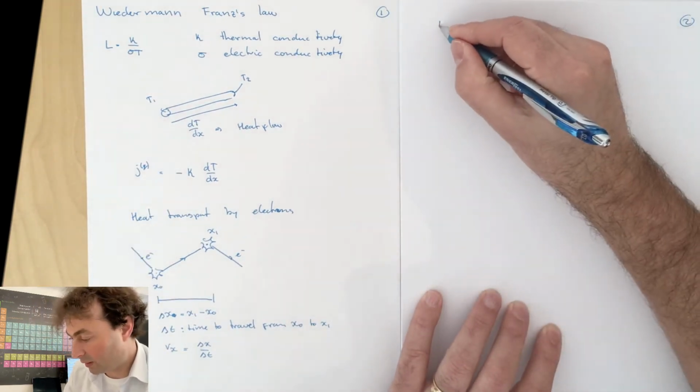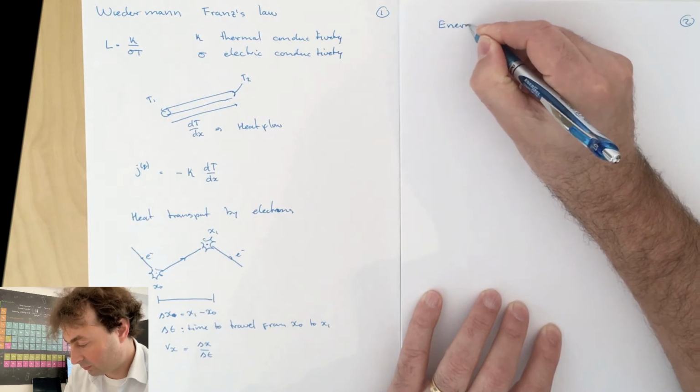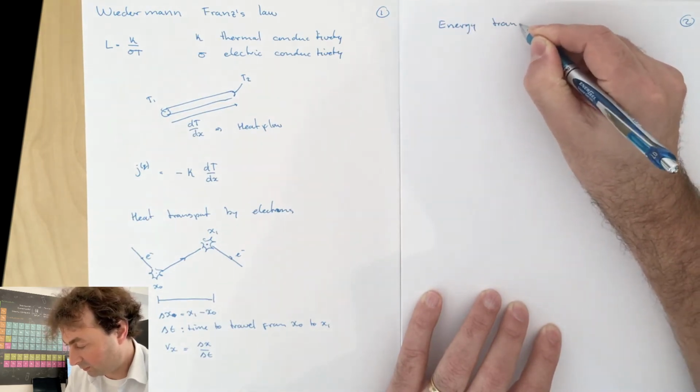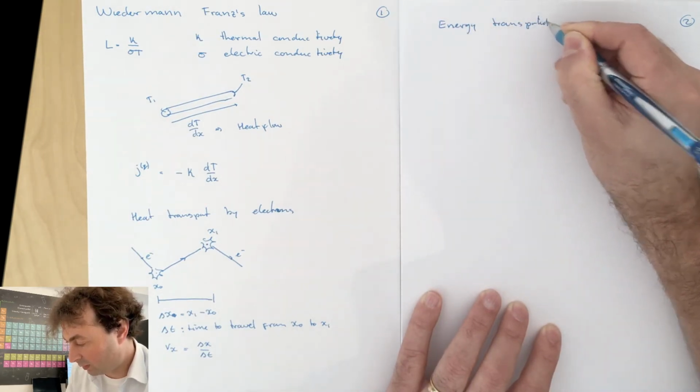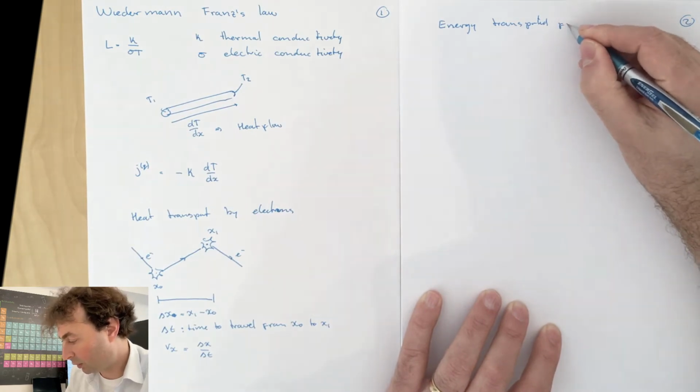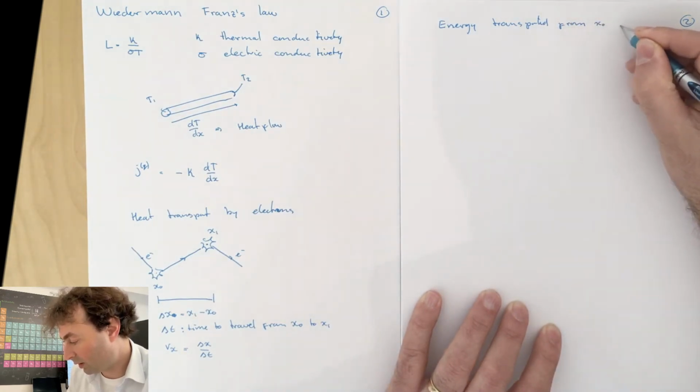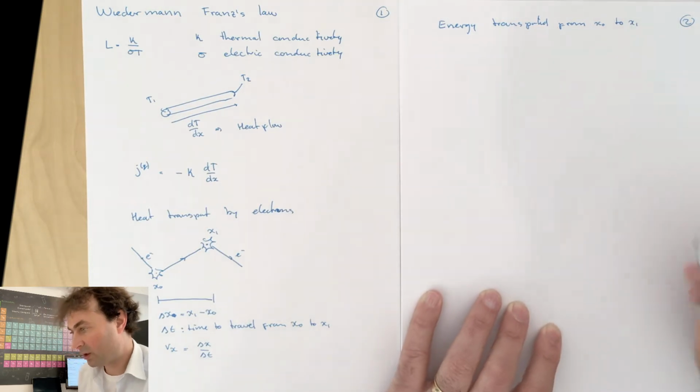We can now have a look at the energy transported by this electron from x0 to x1.